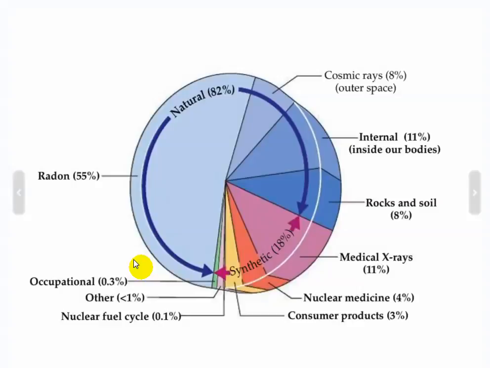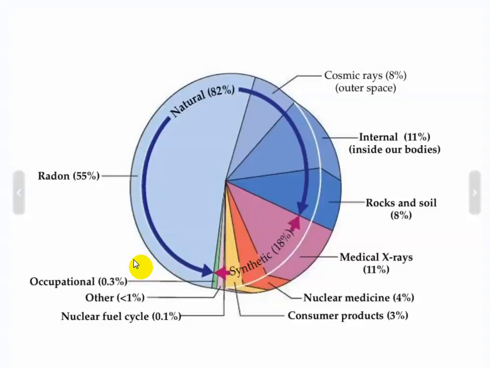Nuclear medicine, if you're getting treatments for cancer or labeled things, contrast dyes and stuff. Sometimes they're radioactive fluorescent dyes. And then some consumer products and various other things. So the vast majority of radiation we're exposed to is not some kind of dangerous equipment or something. It's actually just because radiation is all around us and we encounter it all the time.